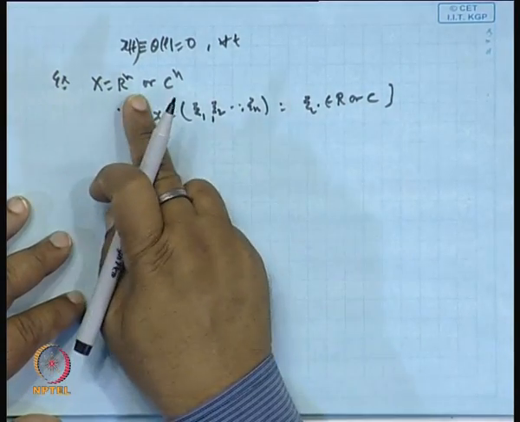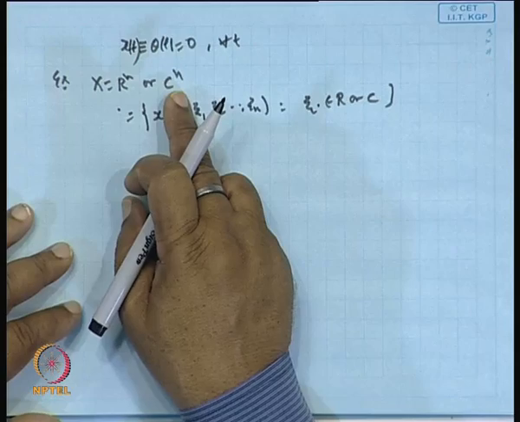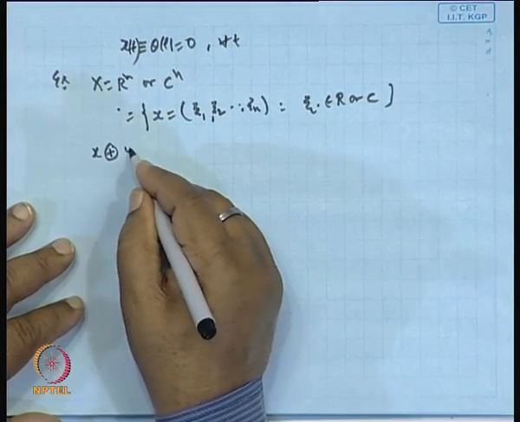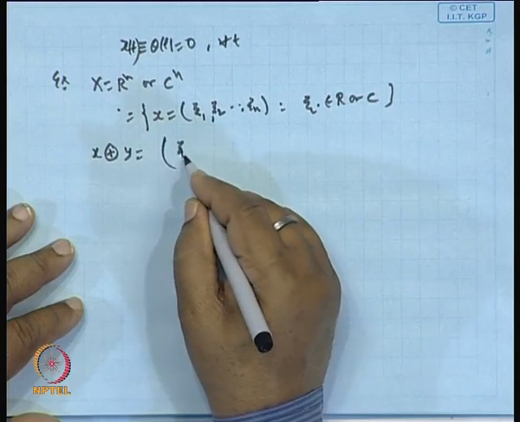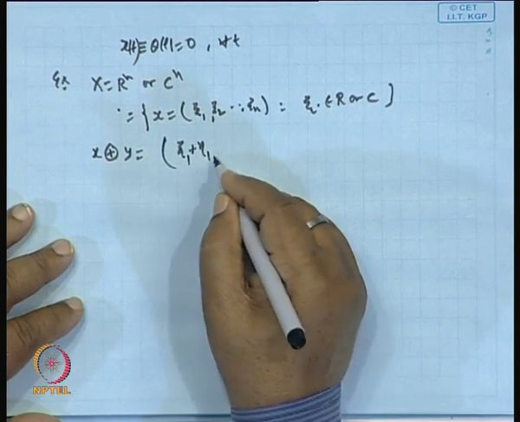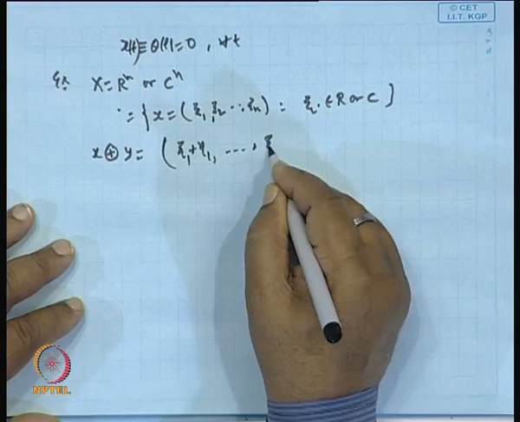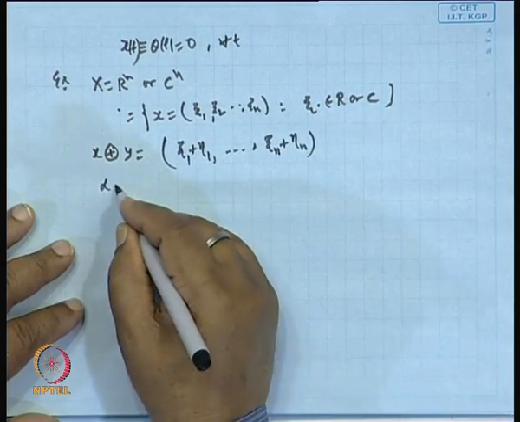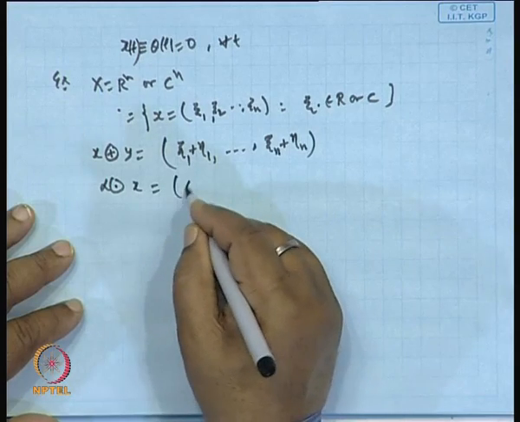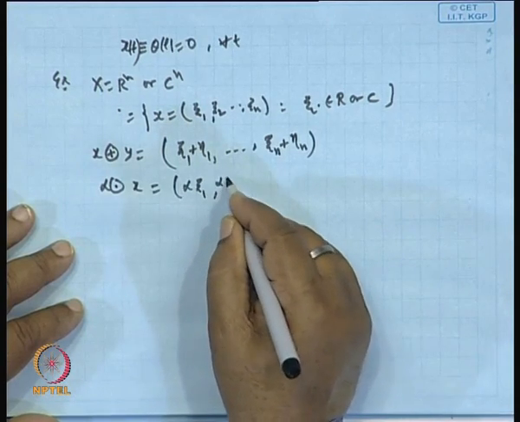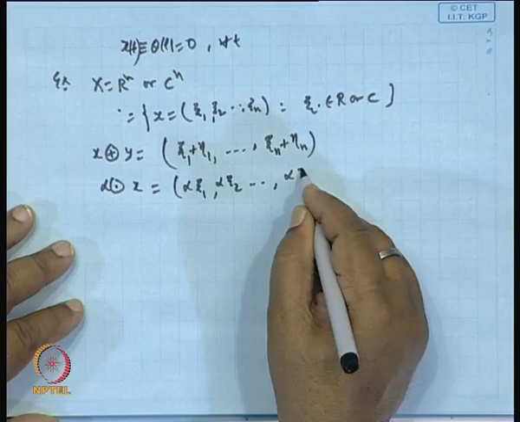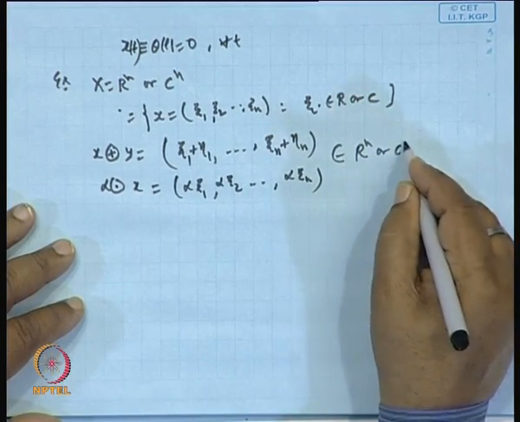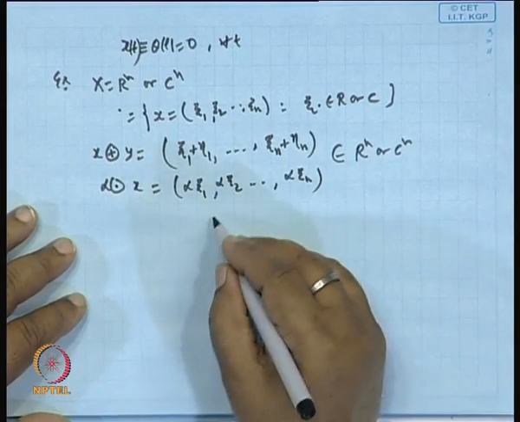So, it is the extension of R^3, extension of C^3, and if we introduce the two operations as x plus y equals xi 1 plus eta 1, xi 2 plus eta 2, up to xi n plus eta n, and alpha dot x equals alpha xi 1, alpha xi 2, up to alpha xi n, then these all belong to R^n or C^n, and it forms a vector space.